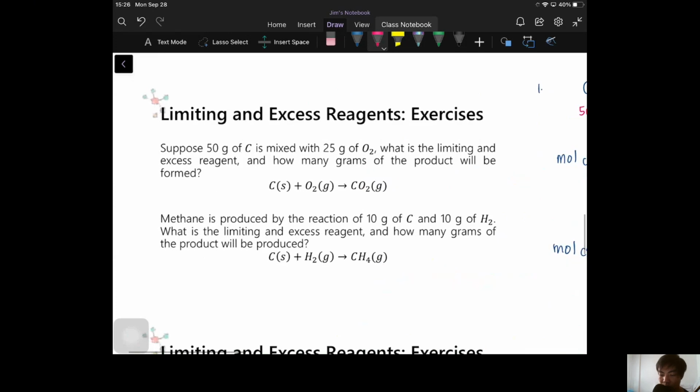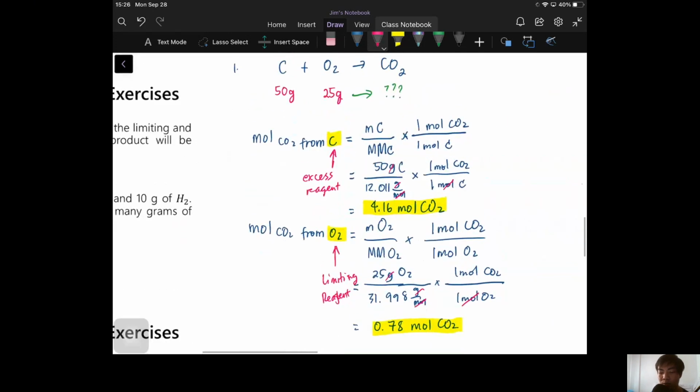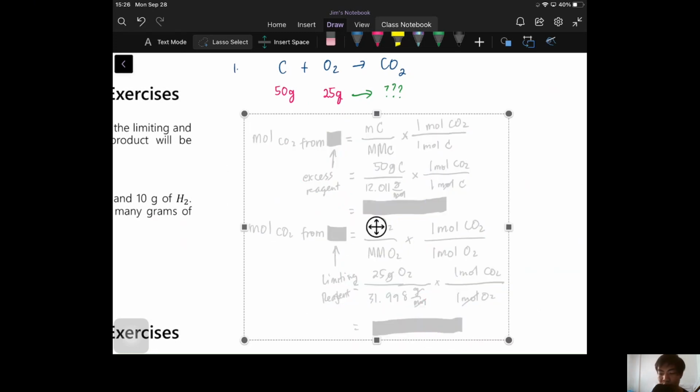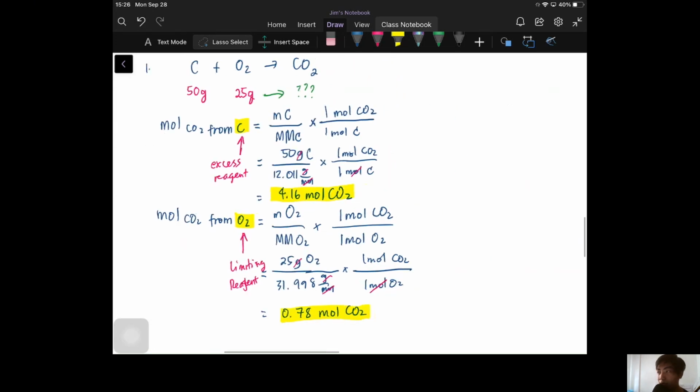Question, how many grams of the products will be formed? If you are asked how many grams of products can you form, ano sabi ko sa inyo? Urong ko lang. Sabi ko sa inyo kanina that the amount of the products produced in the chemical reaction depends on the limiting reagent.